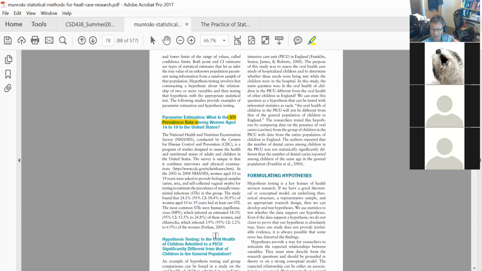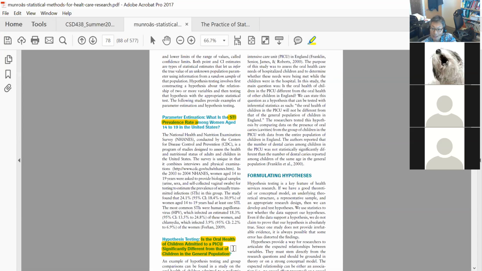But for this question, is the oral health of children admitted to PQ significantly different from that of the children in the general population? This is now comparing children admitted to PQ versus children in the general population about oral health.